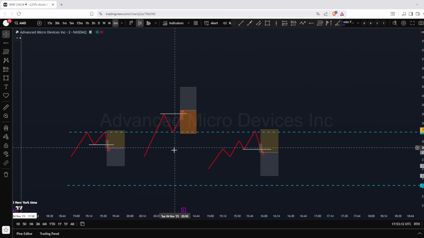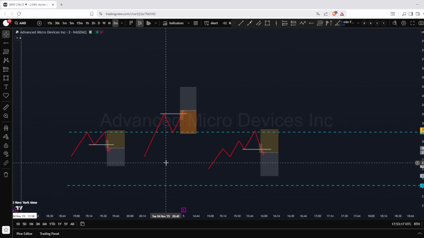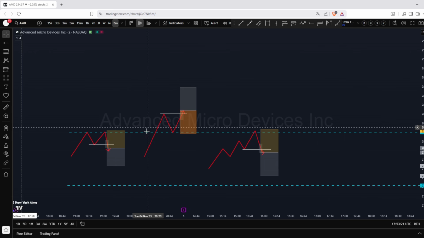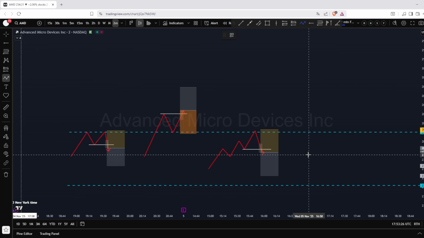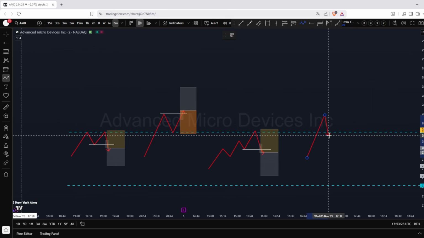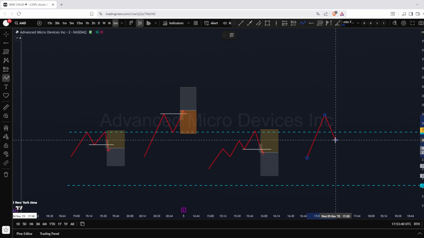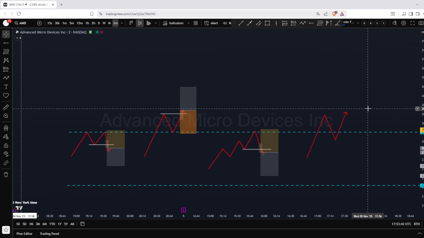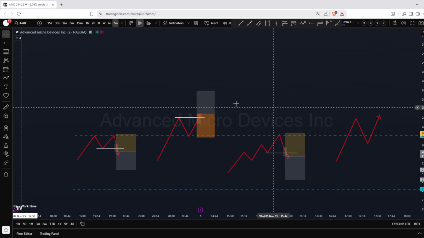Sometimes the setups are not so clean. Most of the time they actually are, but for example, this continuation setup, we could watch something like this. It breaks, it comes down a little bit lower, it doesn't react from the key zone, and then really strongly it goes up and it breaks.